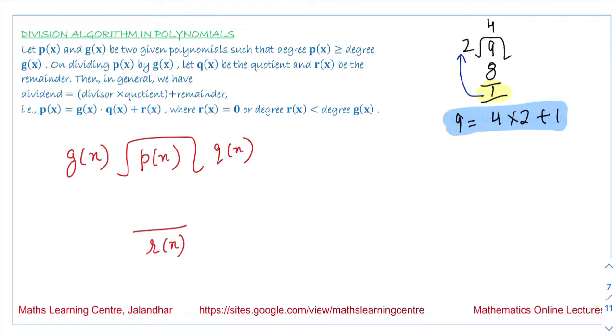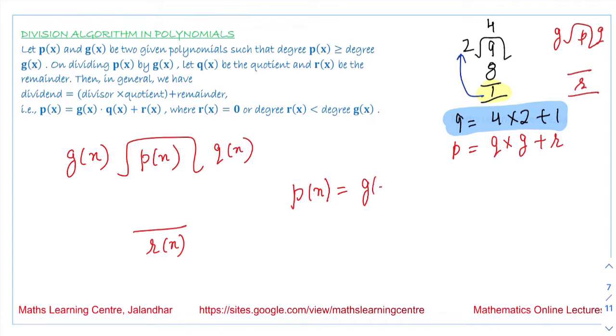So p(x) is equal to g(x) into q(x) plus r(x).